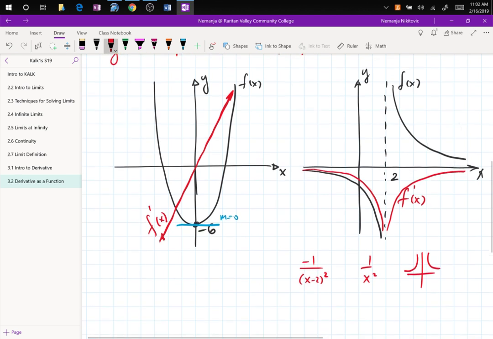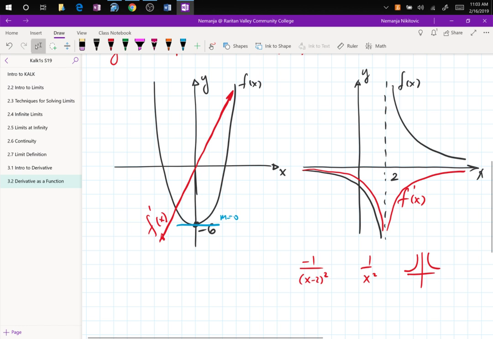So, from the first graph, we picked up that any time you have a min or a max, your derivative has to hit the x-axis, y equals 0, so it has to cross the x-axis at that point.